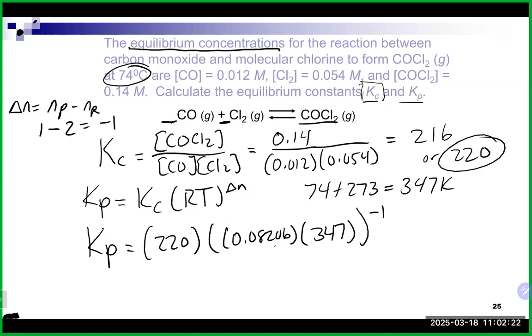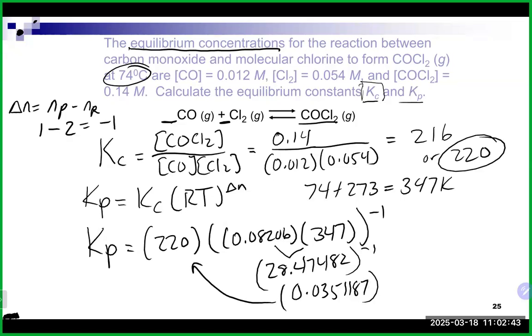If you clean up what's in here, you got like 28.47482. Then you need to take that to the -1. At that point, you will end up with 0.0351187. Then you want to multiply it by the 220 or whatever number you're going to go with there. And that's going to give us a Kp value of about 7.7 in this particular case. 7.6 if you used the 216 number along the way.